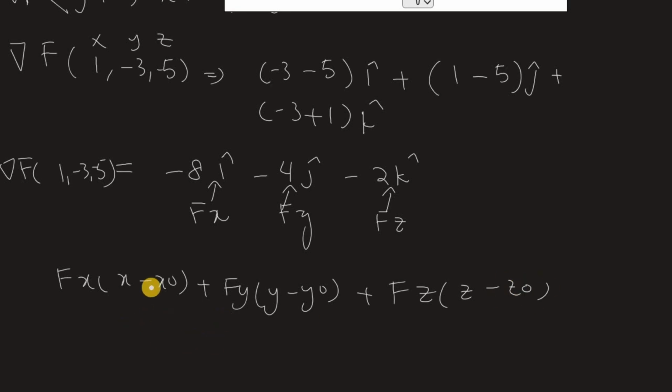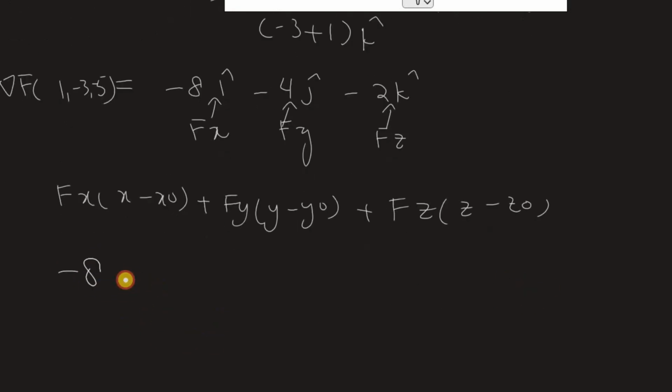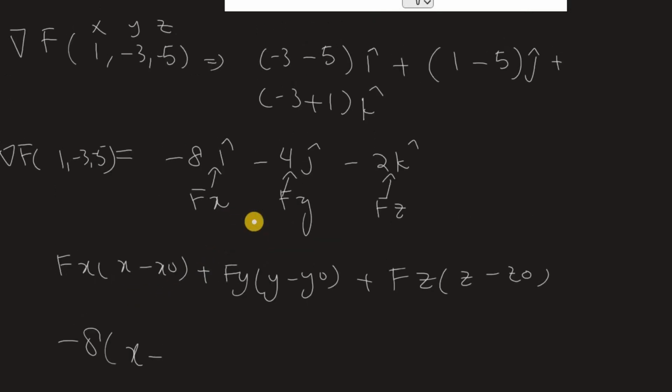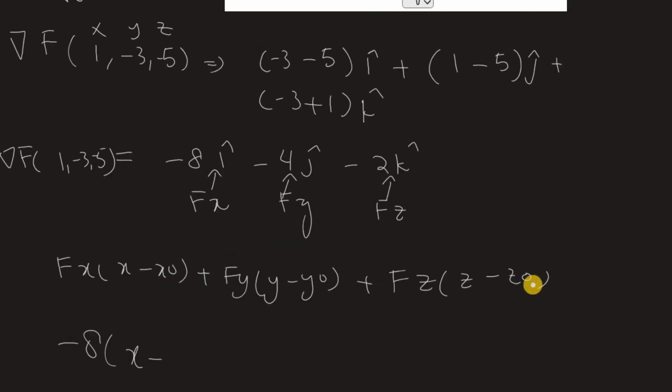This is to find the tangent plane. So we have -8 times x minus x0, where x0, y0, and z0 is the point that you are given. Okay, so you are given this point over here in the problem. So this is the x0, y0, and z0.